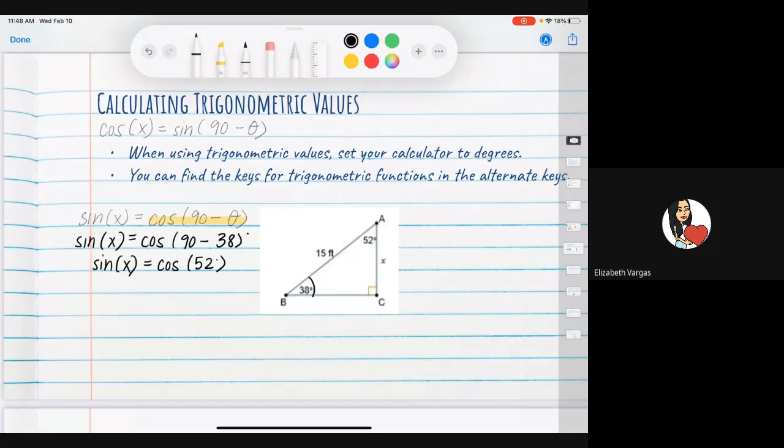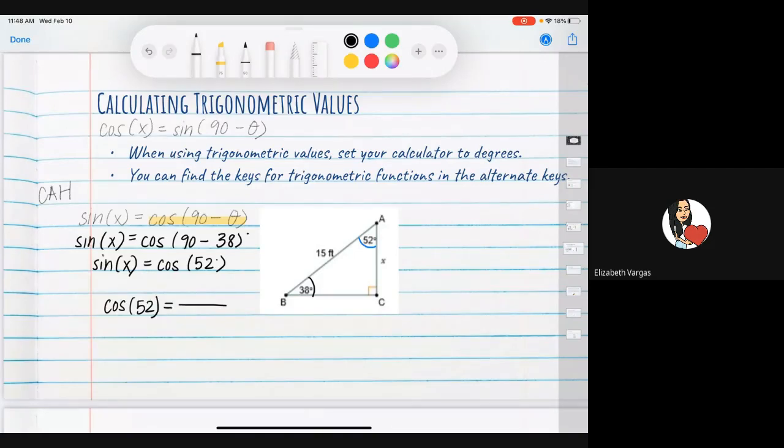And so this would look like the same thing as if we were to use this other acute angle. If we wanted to use that other acute angle, we would use cos, which is co. What that would look like is cos 52 equals, adjacent.